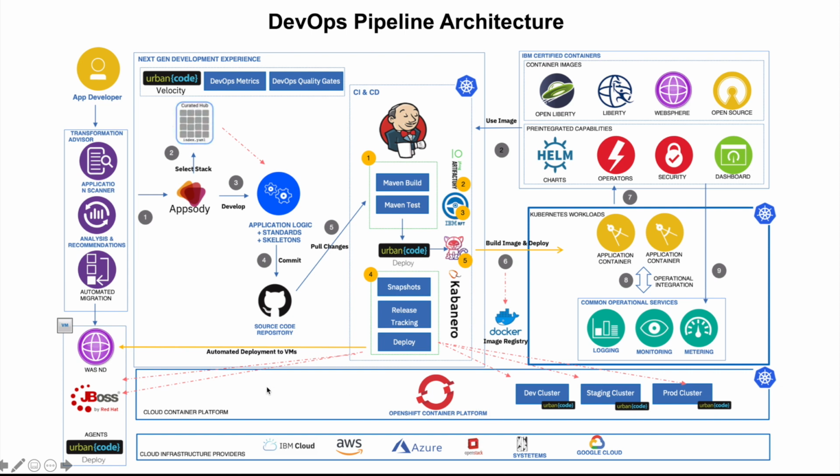The application developer will clone the code, using Rhapsody or manually through the command line, make the changes, and commit the code to a source code repository. Then let's say Jenkins as a CI tool gets triggered and starts executing stages.